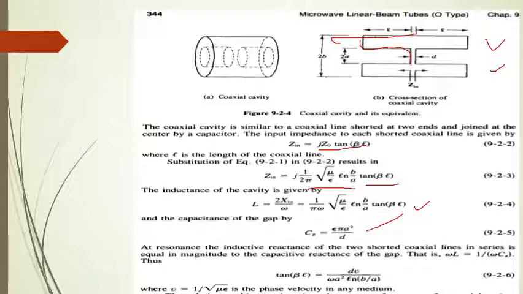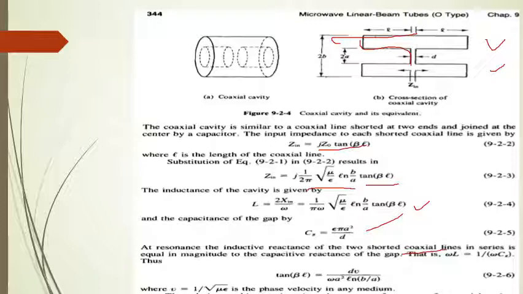When I try to equate both the equations, because at resonance, the inductive reactance of the two shorted coaxial lines in series is equal to the magnitude of the capacitive reactance of the gap, omega naught L is equal to 1 upon omega naught C. So I'm trying to find the resonance.